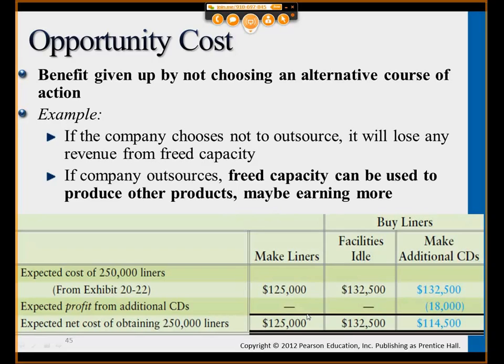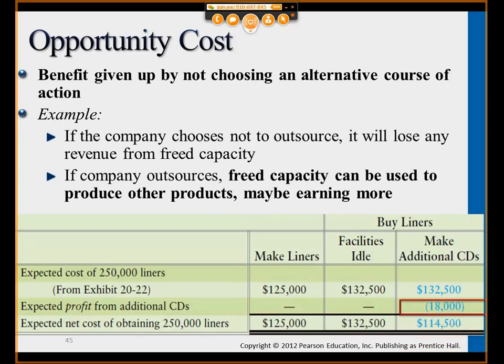If we are buying liners, we have two numbers. Why do they differ? Where are we losing the 18,000? Are you taking the loss on making additional CDs? Opportunity cost, right?